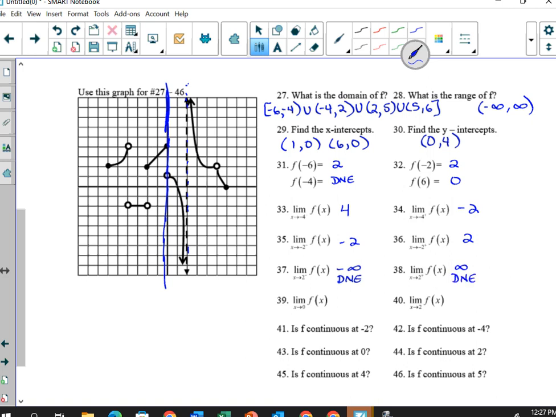All right, 39, 40. What did the DNE in here? Okay, at the bottom, only one of those is continuous. Which one? Yep. Oh, yeah, 49. No. Okay. Questions?